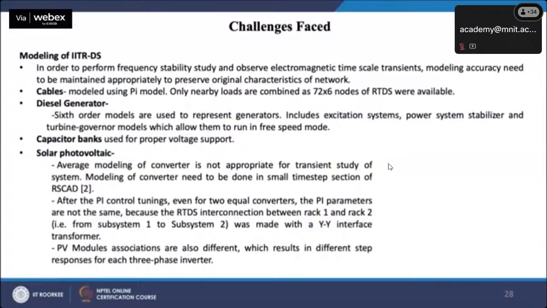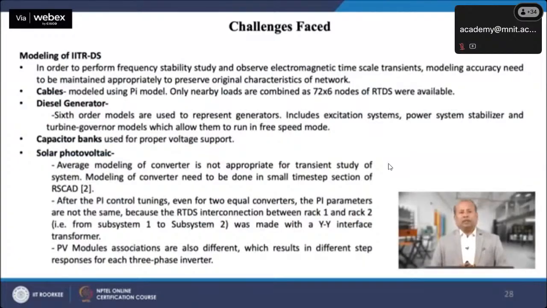The challenges faced while modeling the IIT Roorkee distribution system and PHIL validation are discussed in this slide. Firstly, in order to perform frequency stability study and observe electromagnetic timescale transients, accuracy needs to be maintained so that the original characteristic of the network can be preserved.